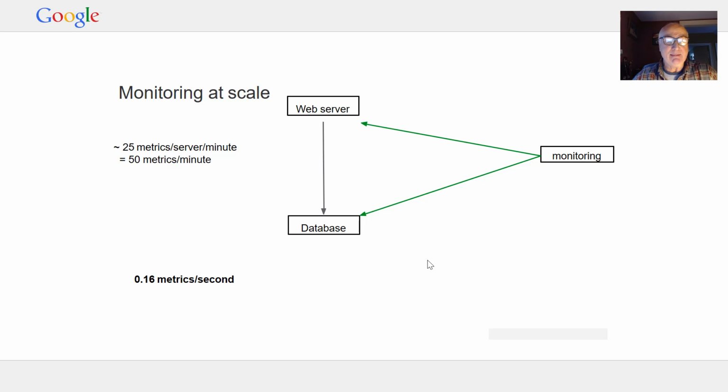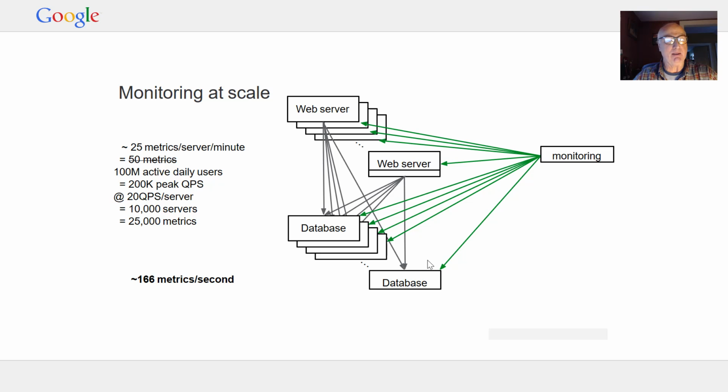So monitoring at scale, well, it's easy. If you're monitoring a web server and a database and you've got a monitoring server, you get about 25 metrics per server per minute. That means about 50 metrics per minute. Easy peasy. If you have 100,000 active daily users, that means we're getting 200,000 peak queries per second, just as ballparks.